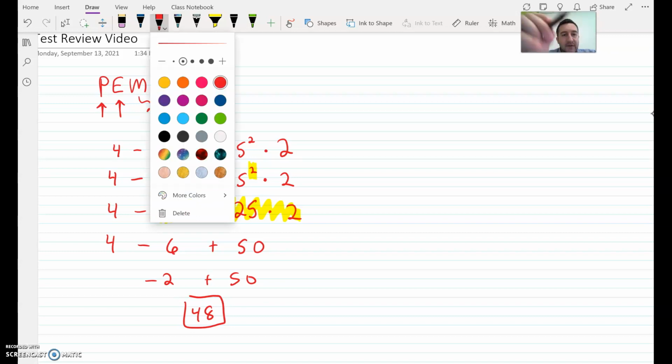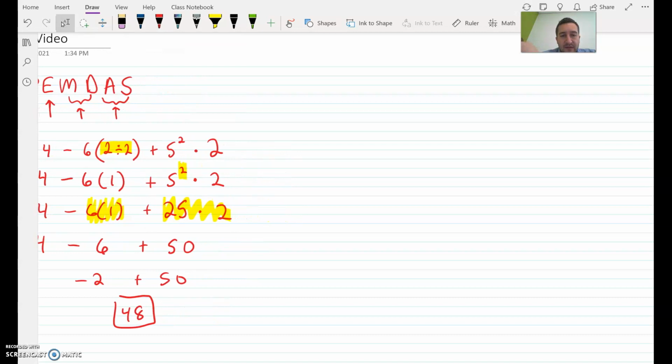Another thing that you'll see is absolute value. And just a reminder, like negative 2 times the absolute value of (4 plus negative 8) divided by 3. Let's say we had something like that, and it just said simplify. Well, you do the absolute value first. 4 plus negative 8.